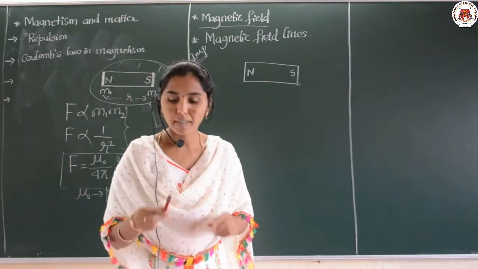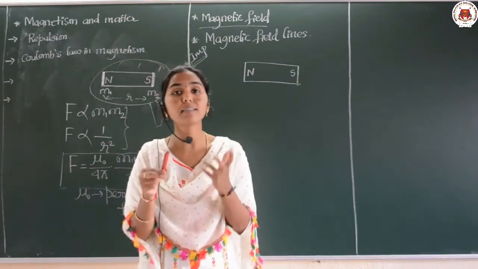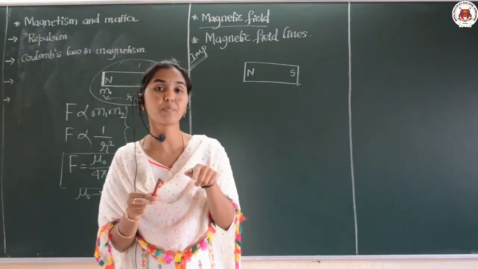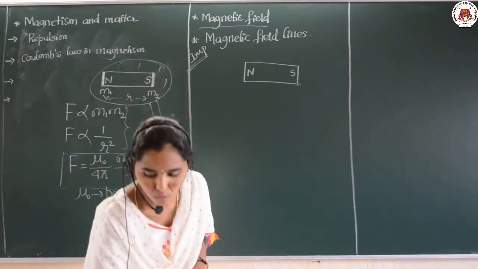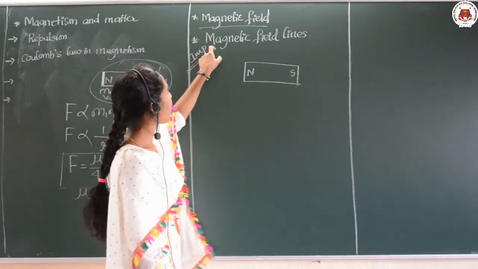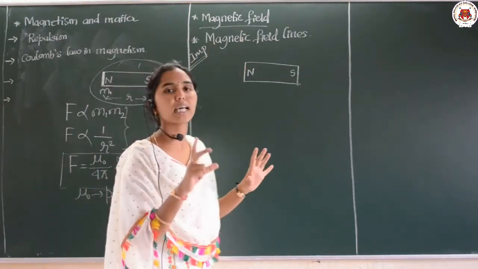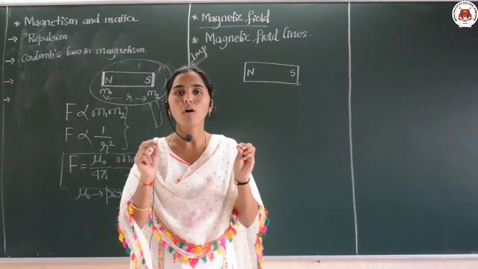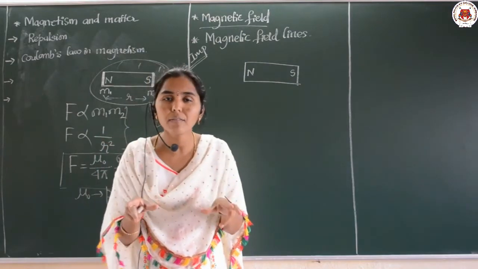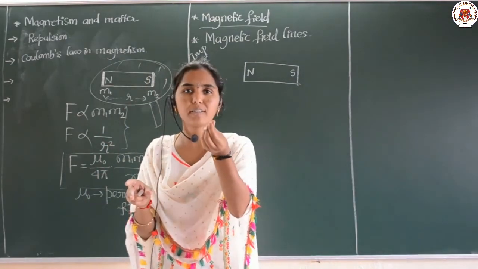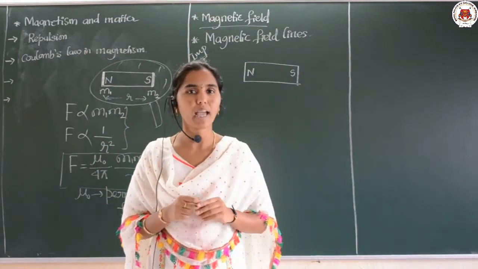These are imaginary, we can't see them, but we can experience their forces. Therefore, magnetic field lines are imaginary lines around the given magnet through which a unit north pole can move.